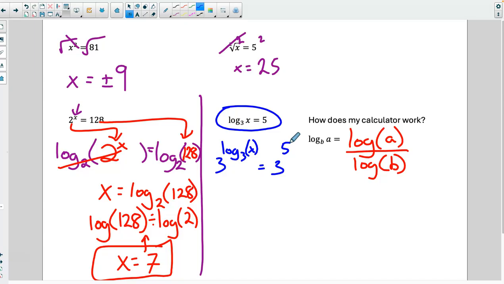What happens? Well, the same thing that happened right here happens over here. Base 3, that log base 3 cancels out, and I get x equals 3 to the 5th power, which is 243.